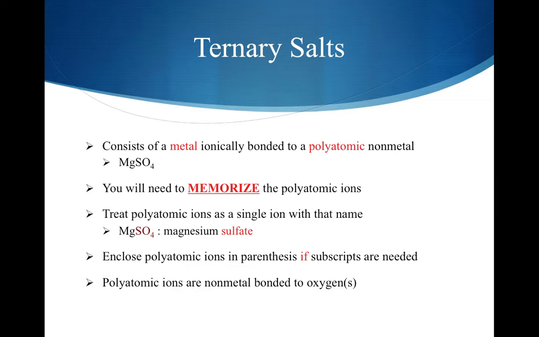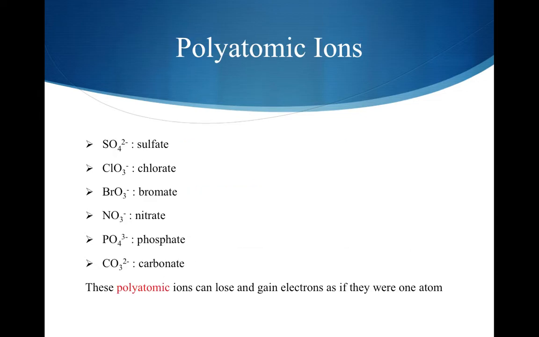All right, so what we're going to be talking about today are the oxyacid polyatomics, which means oxygen is going to be in all of them. So if you look at these, we have the sulfate group, the chlorate group, the bromate, the nitrate, the phosphate, the carbonate. You'll also run into an iodate, right? So these are the common polyatomics, and these are the ones that you have to memorize.